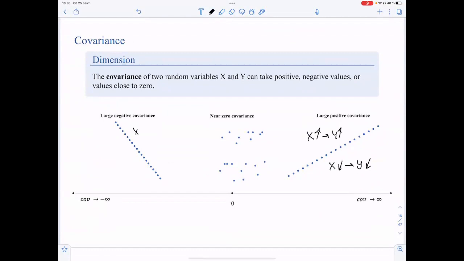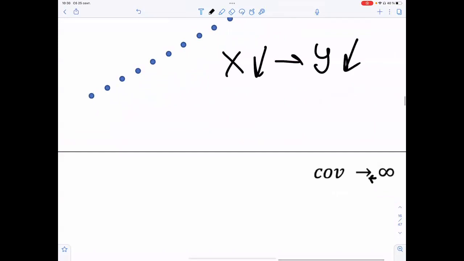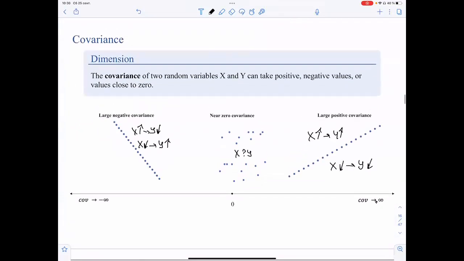The negative means that the increase of the first leads the second to decrease, and the decrease of the first pushes the second to increase. In the case where covariance is 0, there is no association of two random variables. And what's fun is that covariance is an unlimited metric. So it might be either minus infinity or plus infinity.